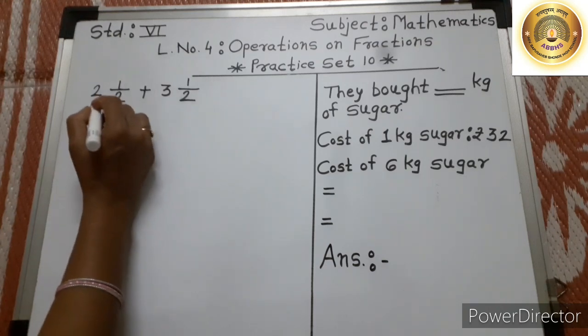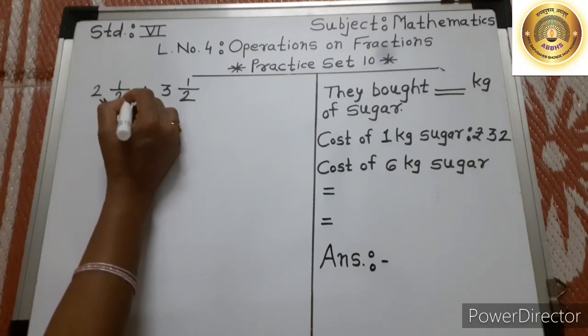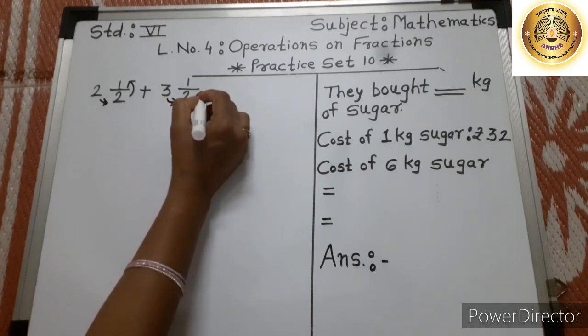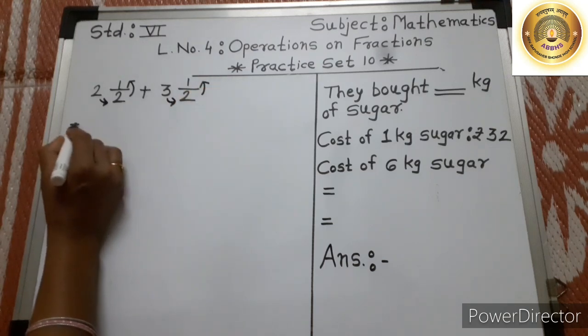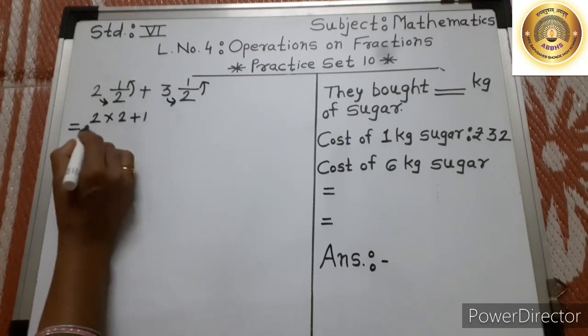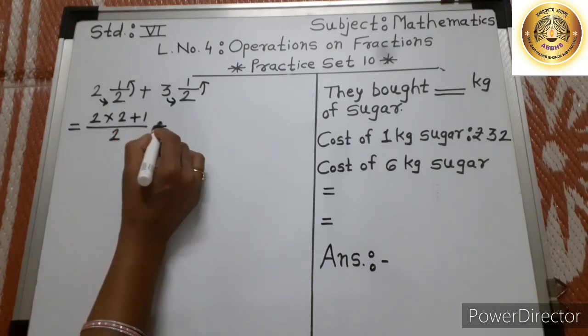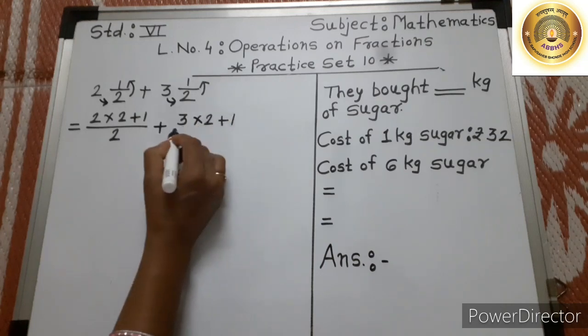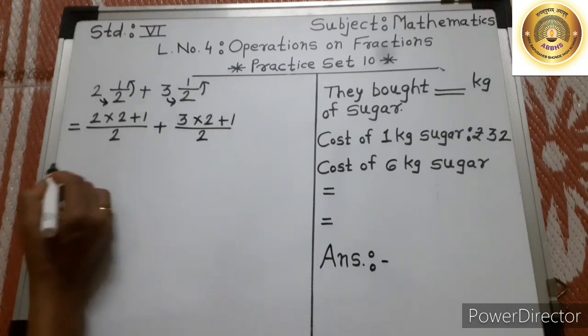So add it. Multiply 2 into 2 plus 1. Multiply 3 into 2 plus 1. 2 into 2 plus 1 upon 2 plus 3 into 2 plus 1 upon 2.